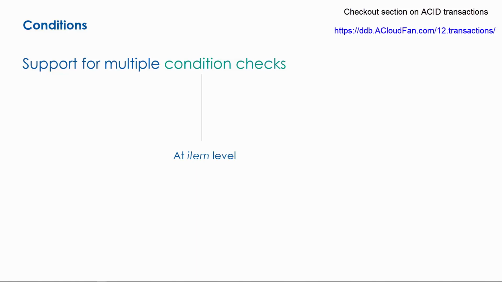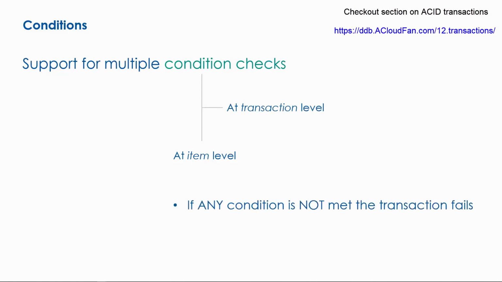The first one is at the item level. It's available for the put, update, and delete item operations. You have already seen the condition expression for these operations in action in one of the earlier lessons. For transactional writes, there is a condition check at the transaction level. The idea is that if any of the conditions fail, the transaction is rolled back.